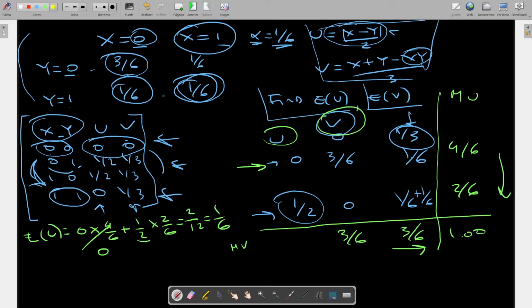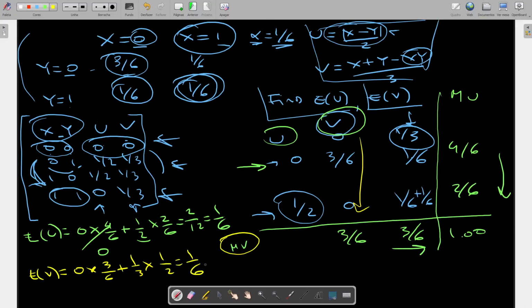And for the other one, it's the same thing, but now we are using v. So v comes from the bottom. So the expected value of v is 0 times 3/6 plus 1/3 times 3/6, which is the same as 1/6.